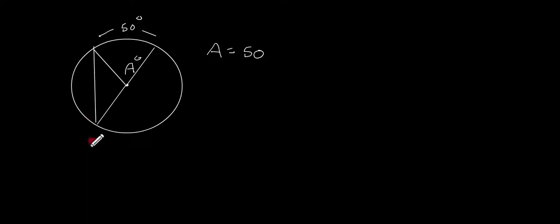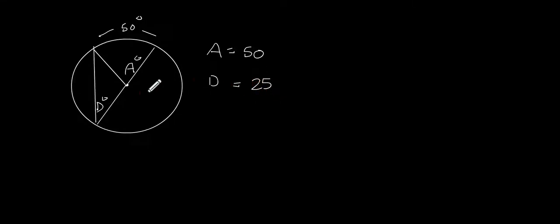Okay, now we can get angle D, which is down here. D is an inscribed angle, which means it's half of the intercepted arc. So D, it's actually not there, it's actually inside of here. D is going to equal half of that, which is 25.